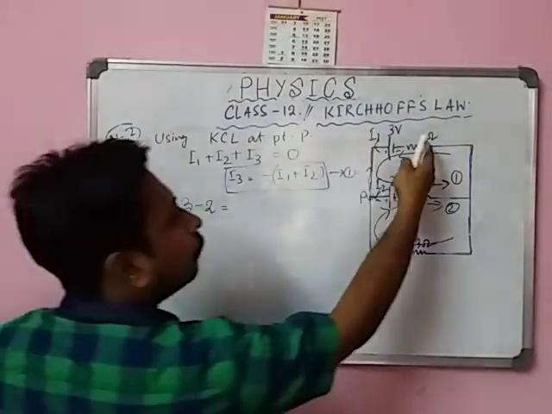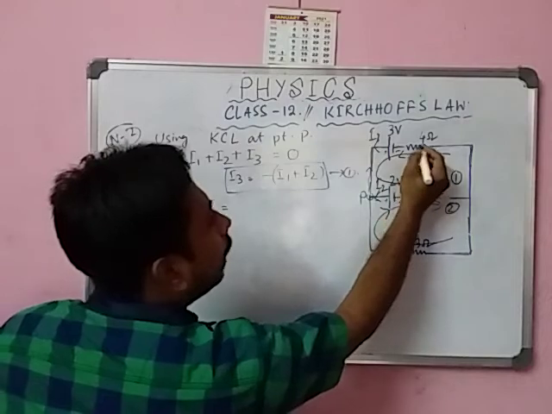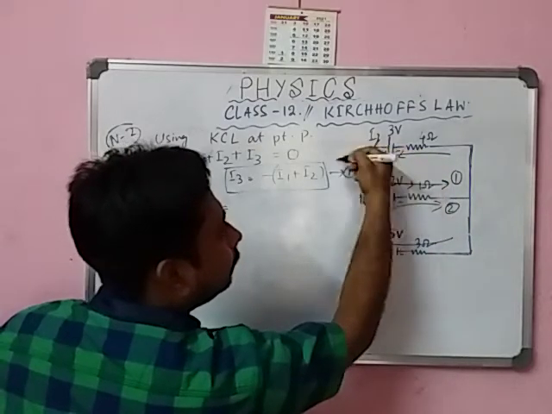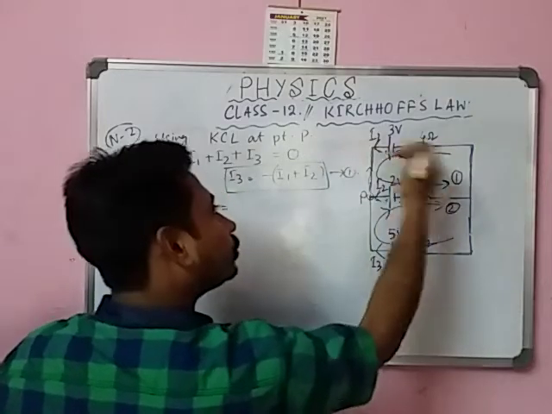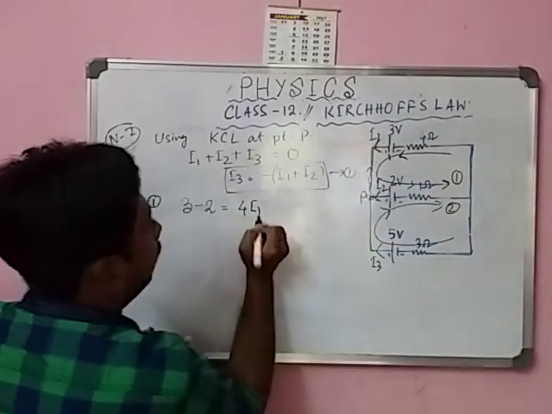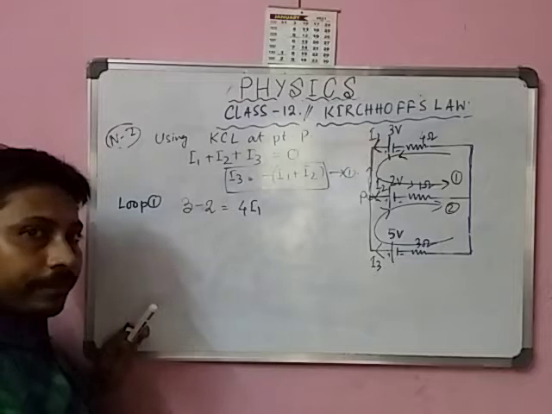Now think about 4 into I1. The I1 direction is left and my direction is also left. So you can write 4 I1. Clear?